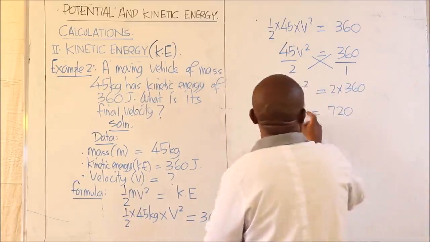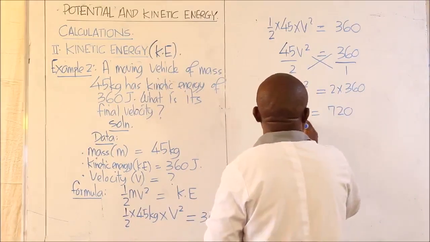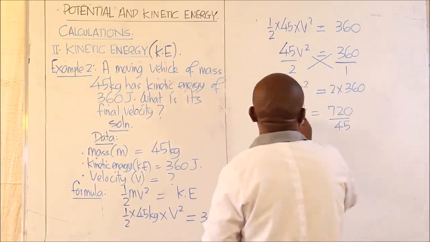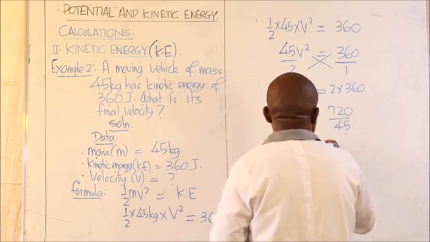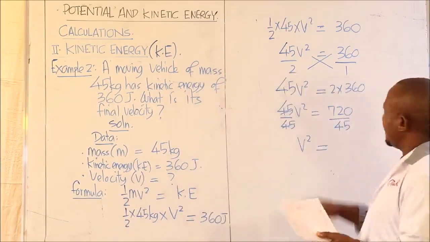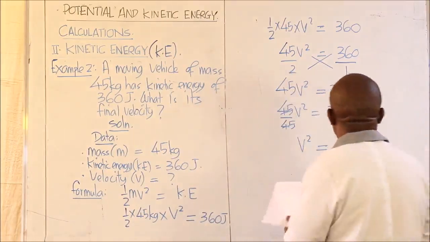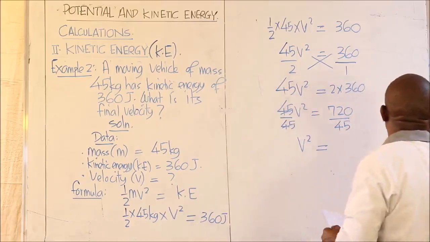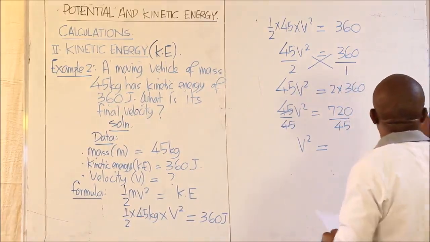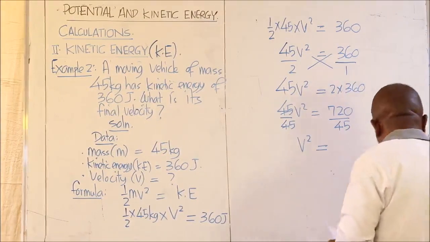And then to get v squared, divide the coefficient of v squared, that is 45, on both sides. This one goes with this one here, giving us v squared equals to a simple calculation: 720 divided by 45. This is very simple mathematics, go to a side work.